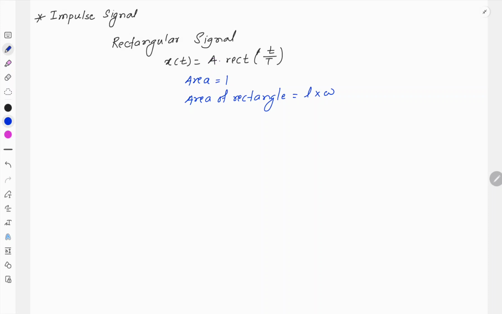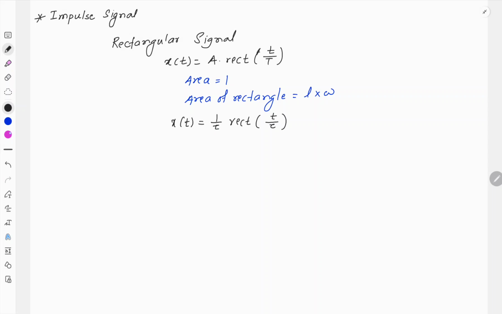So we will write the equation of this rectangular signal as x(t) equal to, now let's say I will assume the width of rectangle as tau. If I assume it to be tau, and if I want area to be 1, I need to have its amplitude as 1/tau.